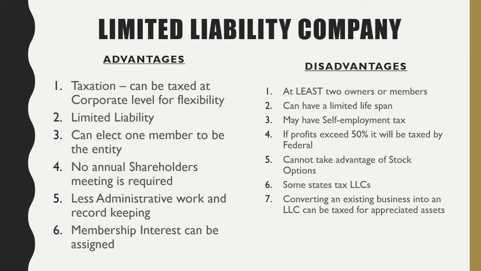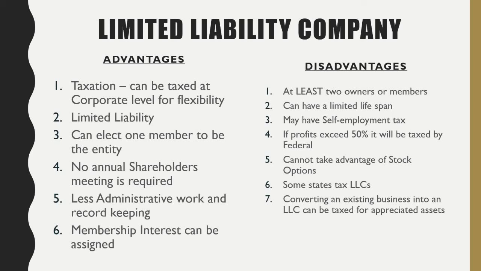This is very important, especially when you're dealing with multiple owners of a company, is that you don't need to have these meetings, and you don't need to make executive decisions. Going back to number 3, you can elect someone to just run the business for you.